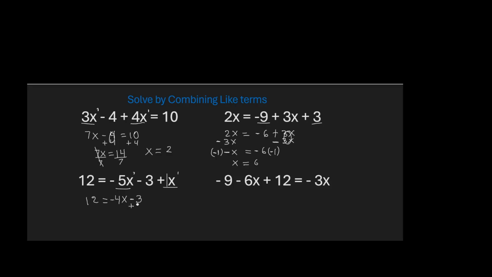I'm gonna be adding 3. Okay. And then on the other side, I'm gonna be adding 3. Then adding positive 3 and -3, that is gonna cancel, it's gonna be 0. And that's how you end up only with negative 4x equals 12 plus 3, that would be 15.